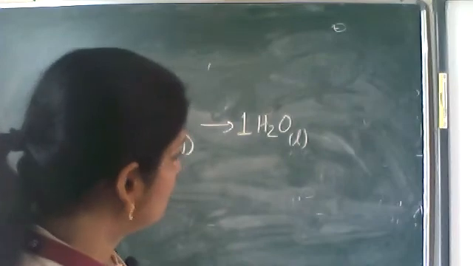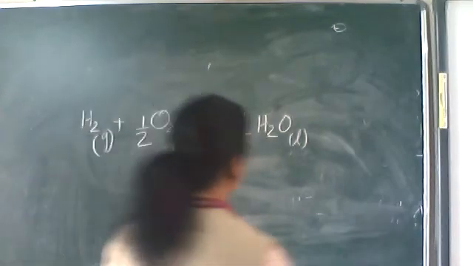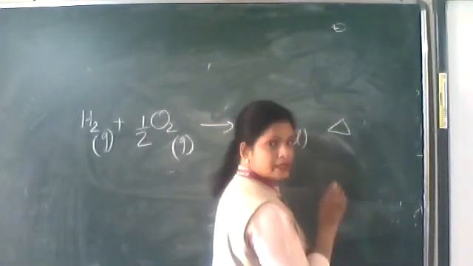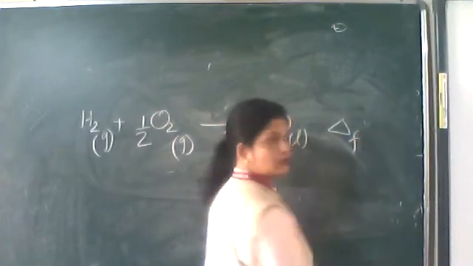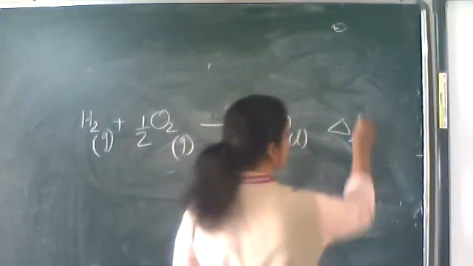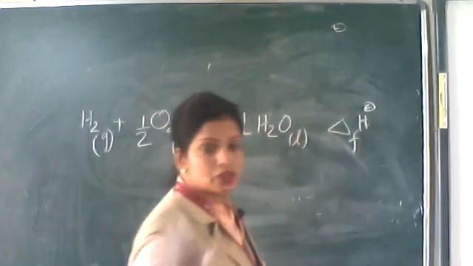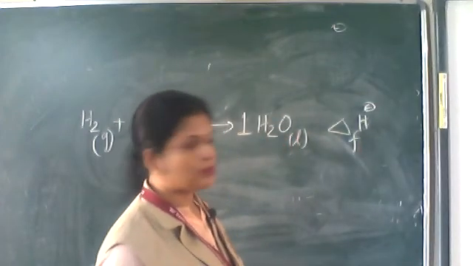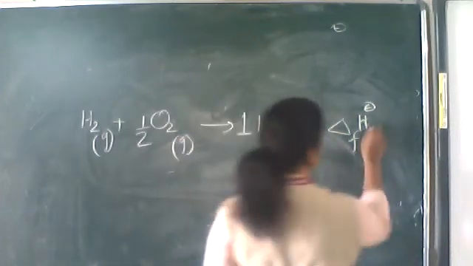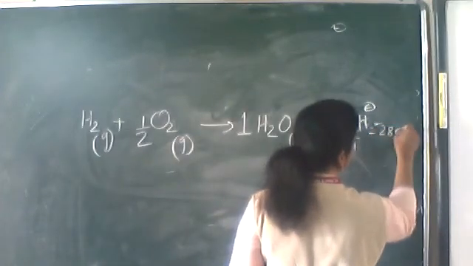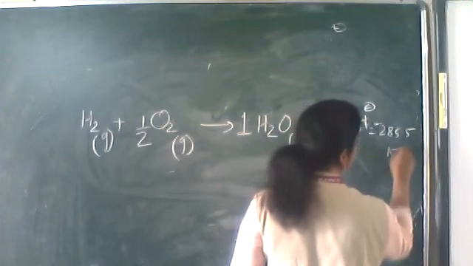So here, delta, we are writing F, which stands for formation. Delta F H at 25 degrees Celsius and 1 bar pressure is equal to minus 285.5 kilojoules per mole.